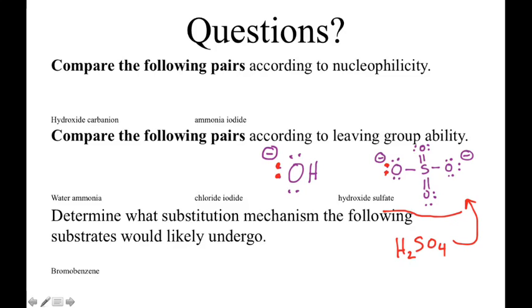So what are the odds that that negative charge is going to be very reactive? Slim to none, which means our sulfate is more stable as that negative charge, which then means sulfate is our better leaving group.